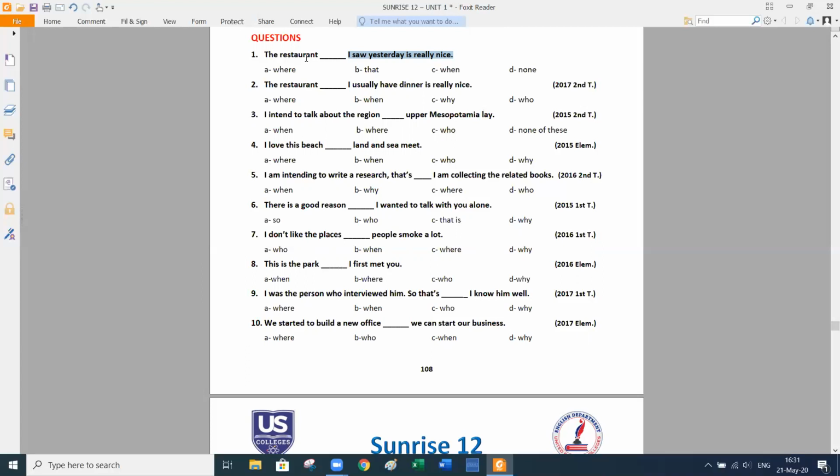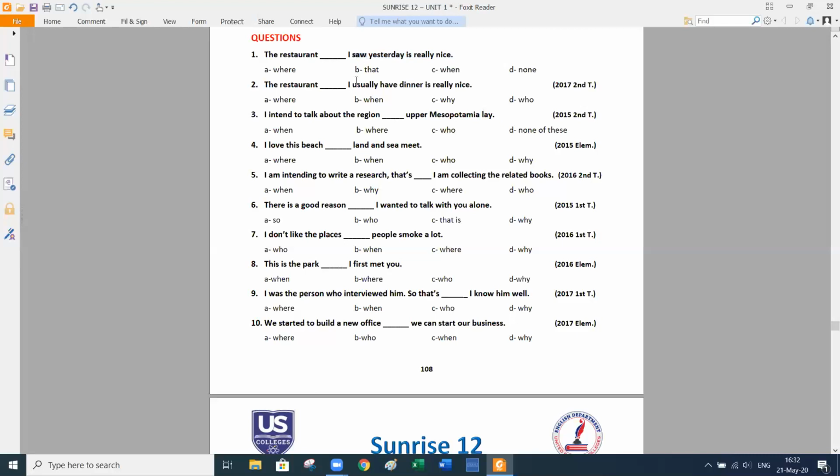If yes, we don't use where. In this example, which I saw, it is the object of the sentence. I saw what? What did I see yesterday? I saw the restaurant. So this restaurant is a direct object of the verb see.